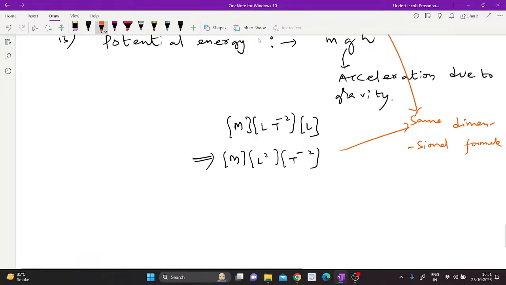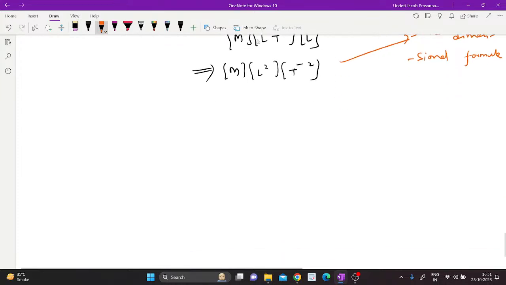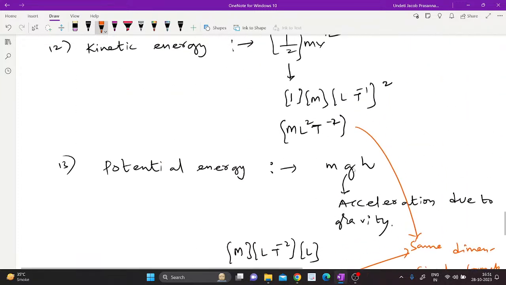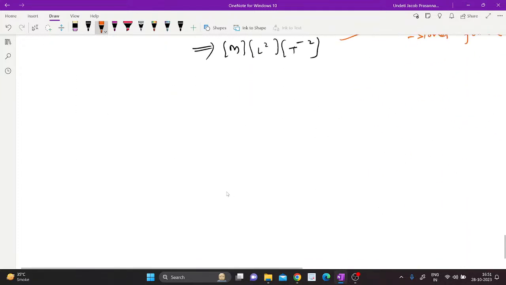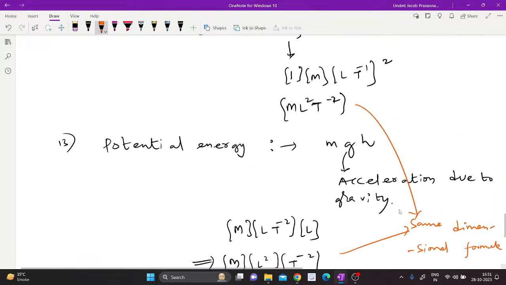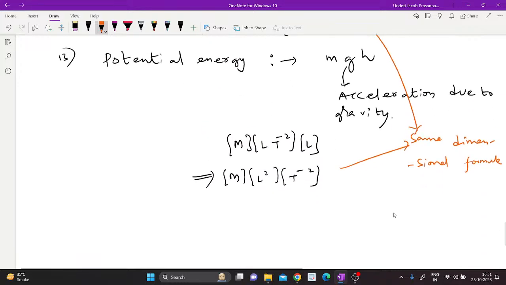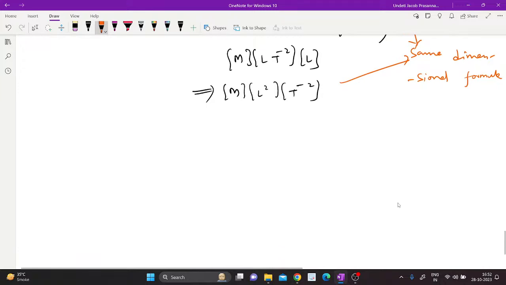So you have to keep in mind that when the quantity is the same, just the type of the quantity is different, that means kinetic energy, potential energy, electrical energy, light energy, sound energy, everything will have the same dimensional formula. Okay, so you can write down a small note point here to remember it in an easier way.